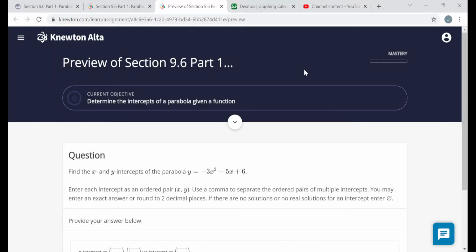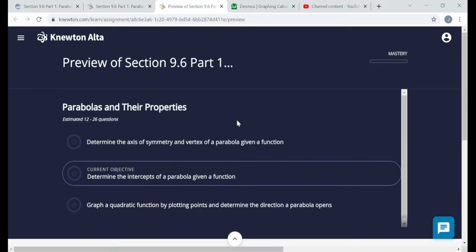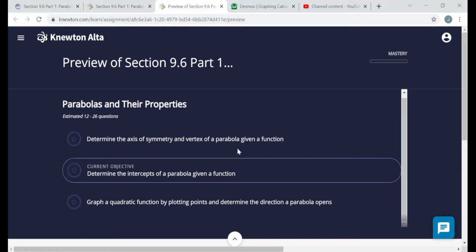Alright, so here's the assignment page. Now you will not see the words preview of, you're just going to see section 9.6 part 1, the title of the assignment. And you have your mastery bar telling you how far along you've gotten. The objectives, and it looks like there are 3 objectives in this assignment.